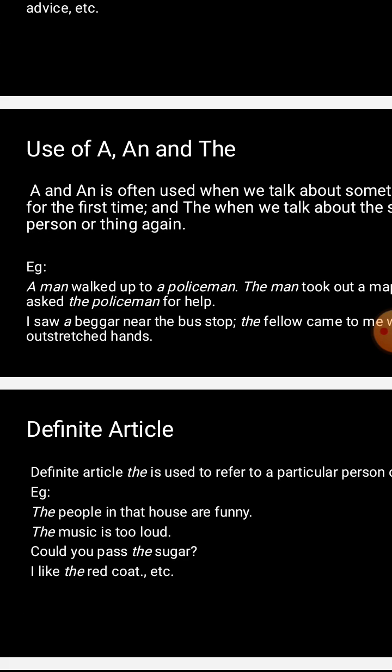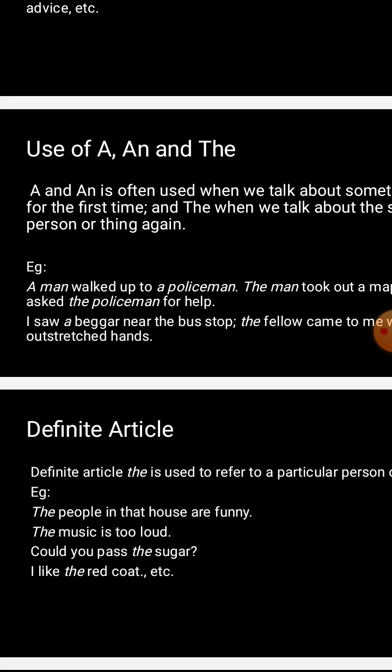For example, a man walked up to a policeman. A man walked up to a policeman. Some man, you're not sure who it is. So one man walked up to one policeman. You're not sure. But when you refer to the same man once again in the next sentence, he becomes the man.